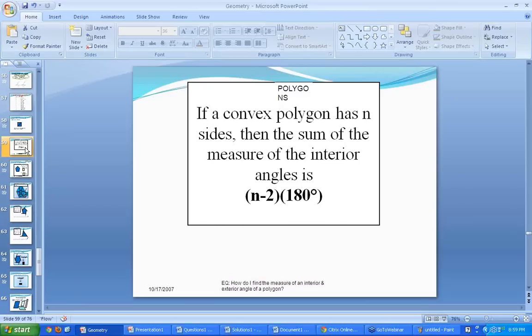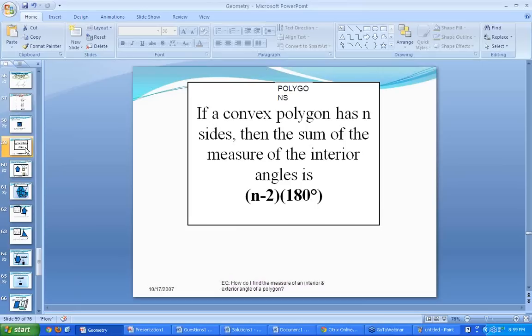I have just mentioned it to be factually correct, but concave polygons have not been asked, and they are very rarely used. We'll definitely tell you about that. But for the time being, please focus on this formula. This is an important formula. The sum of all the angles of a polygon is equal to (n minus 2) into 180 degrees, where n would be the number of sides.